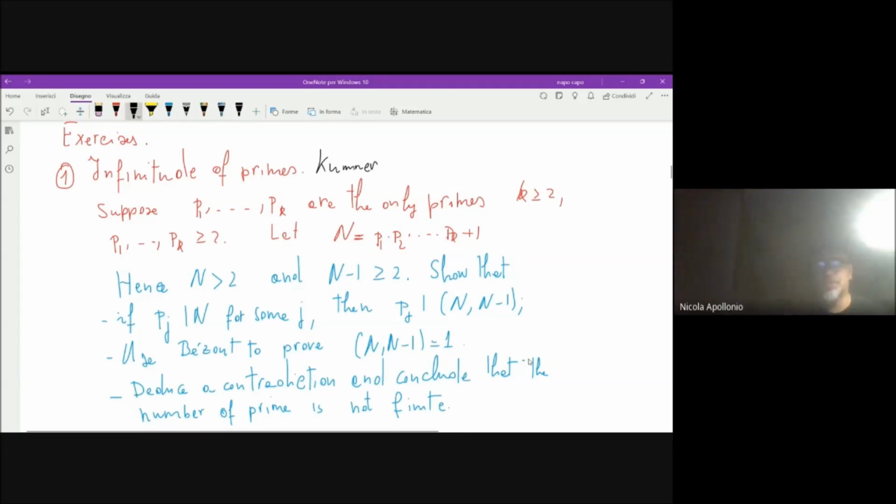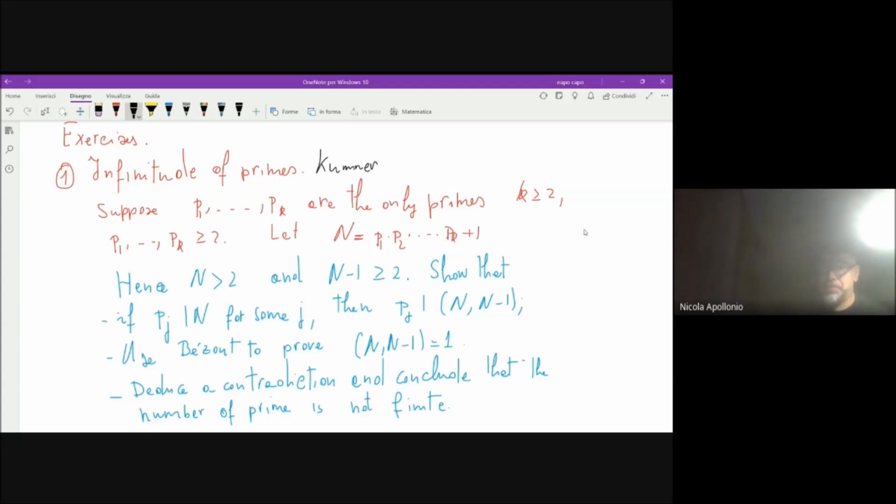An idea to prove the infinitude of primes is by contradiction. Of course, to get a contradiction, you have to negate the conclusion. The conclusion is that the primes are infinitely many, and the negation is that there is a finite number of primes.